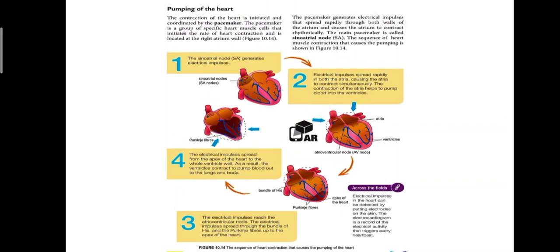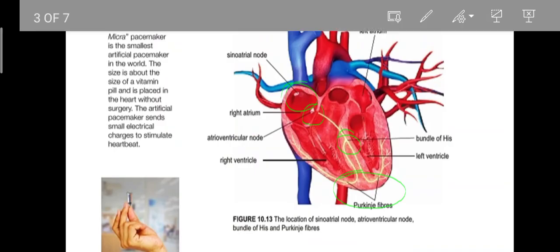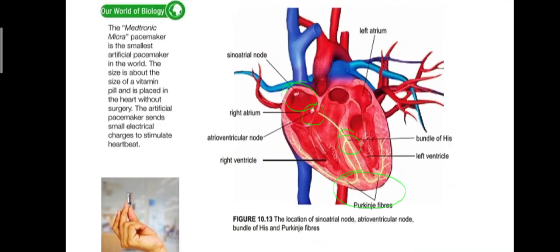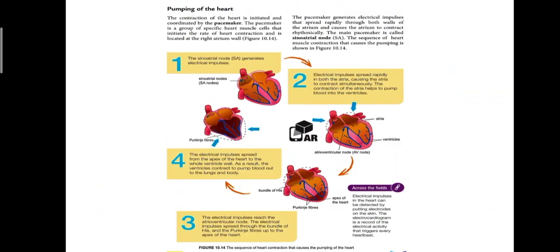So the first one, the sinoatrial node, SA. Ini dia punya location di mana? Di sini, right atrium. Sinoatrial node, this is the pacemaker. It generates electrical impulses.